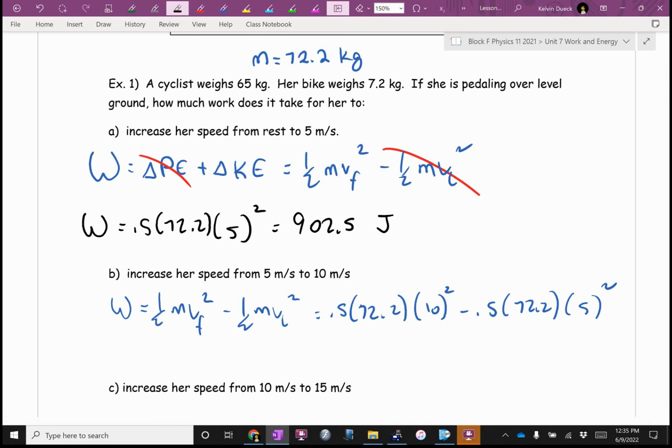You're not going to get 902.5 even though it's the same 5 meter per second increase. In fact, 2707.5? Double check me. Is it 2707.5?